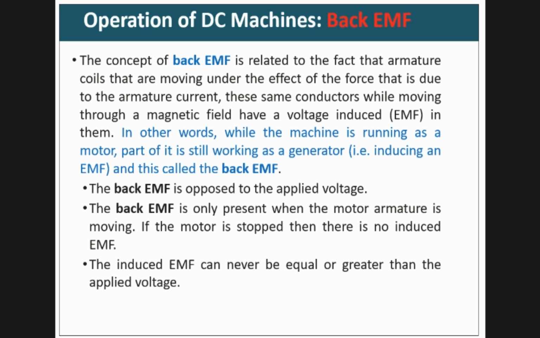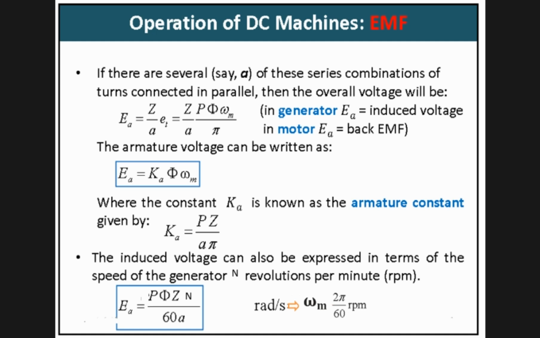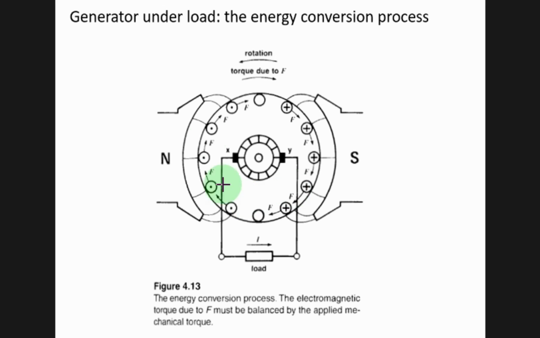And then I come to this slide, the back EMF generated in a motor. What I have included in the previous two slides are basically for generators, not for motors, right?